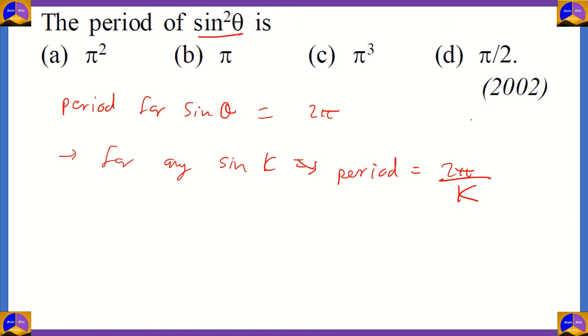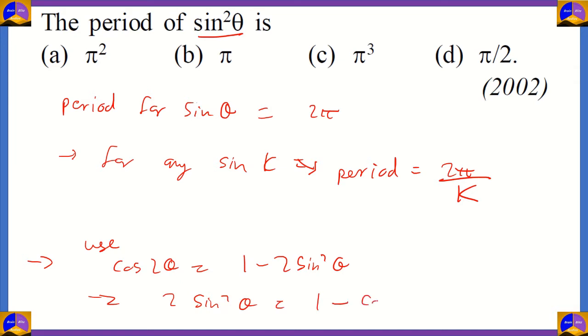So how do we find out the period of sine square theta? Now, here what we can do is we can use cos 2 theta is equal to 1 minus 2 sine square theta. So therefore, 2 sine square theta is equal to 1 minus cos 2 theta.